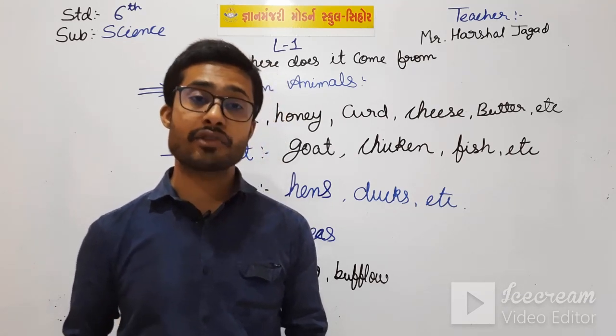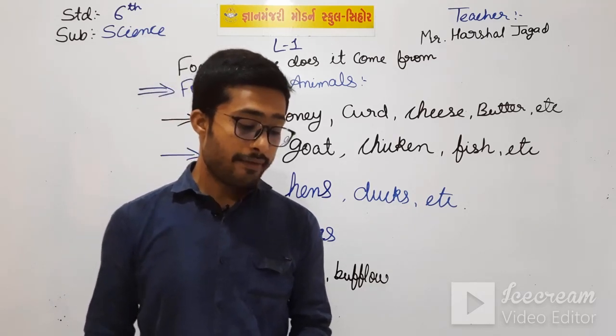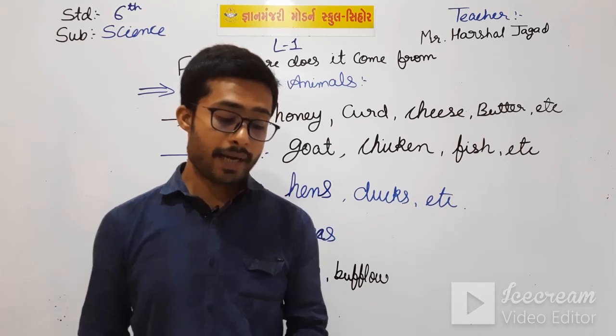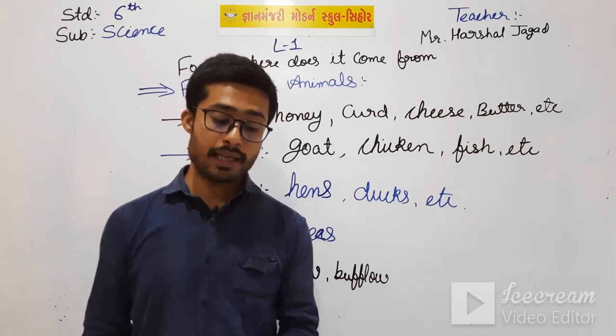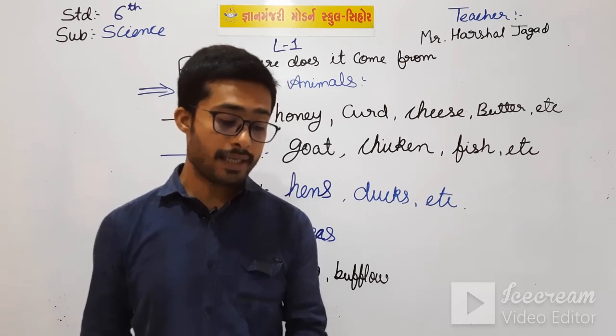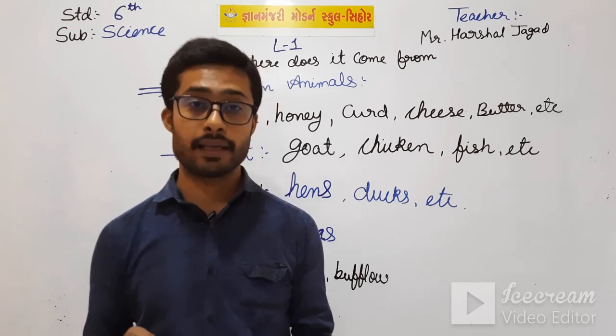Eggs are a rich source of protein and vitamins. Honey, we get honey from beehives, okay, which are made by bees to store the nectar of the flower in the form of honey. Honey is a sweet liquid and is also considered to be healthy for our body.